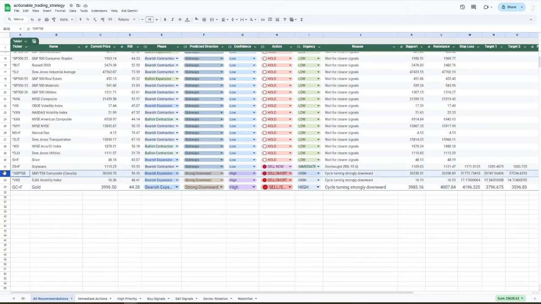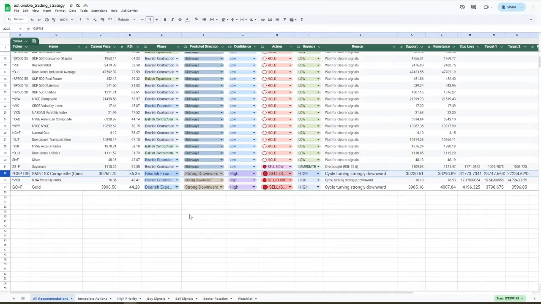And what also comes up is that the Canadian stock market is very overbought. It's in a sort of, not a bubble, but the TSX composite, which is the main equity index benchmark for the Canadian market, is at 30,260 points, and it's actually in a bearish expansion.